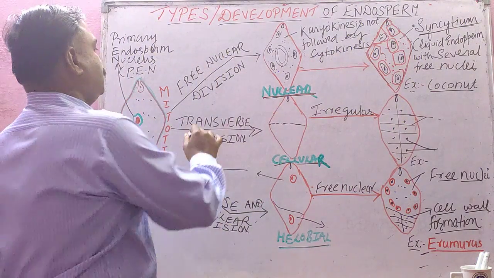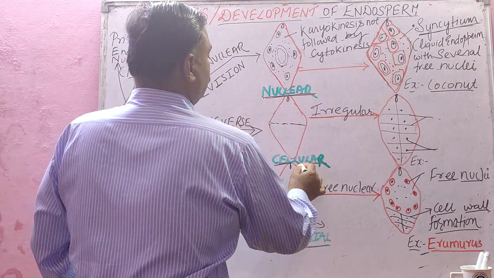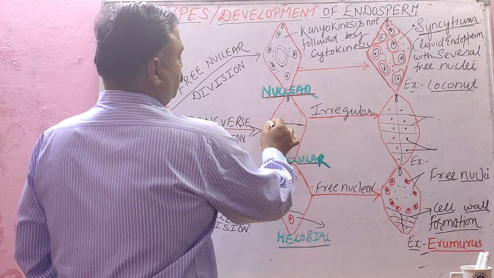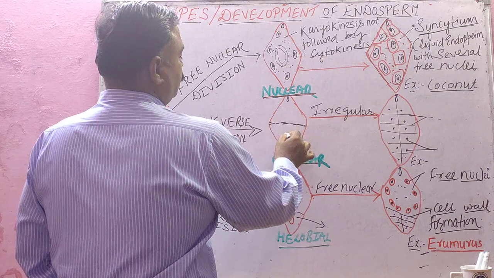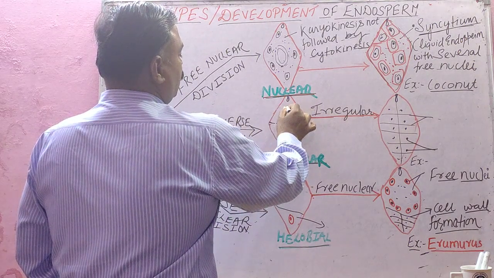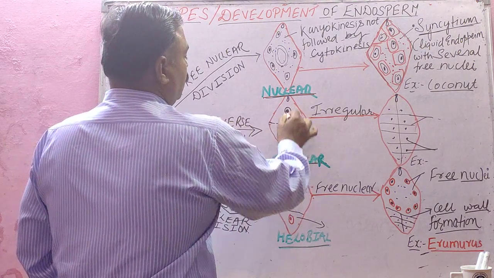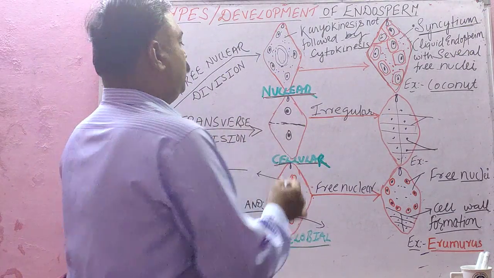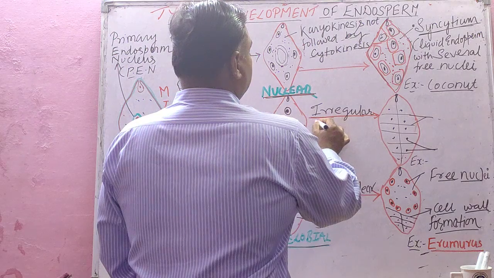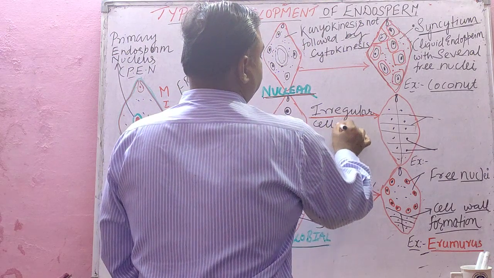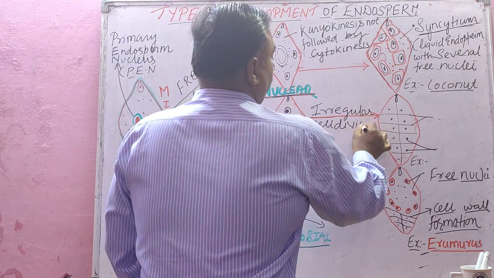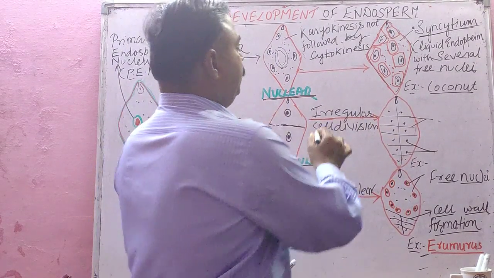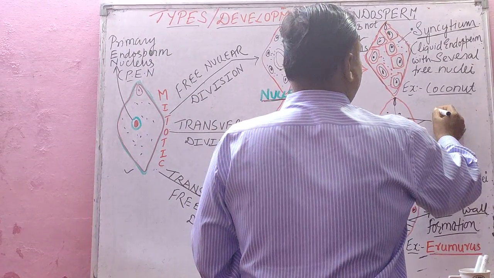Then the second one is cellular. In cellular, student, first transverse division occurs. Transverse division followed by the formation of nuclei in each area, each zone, and then it is followed by irregular cell division. Many nuclei are seen there and immediately followed by formation of cell wall.